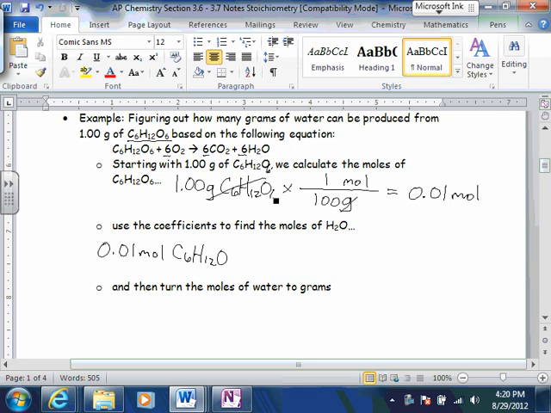Let me just double check here. 12 times 6 plus 12 plus... Yeah, 180. Okay, so that's 180, which is going to make this smaller, 0.00556 moles.